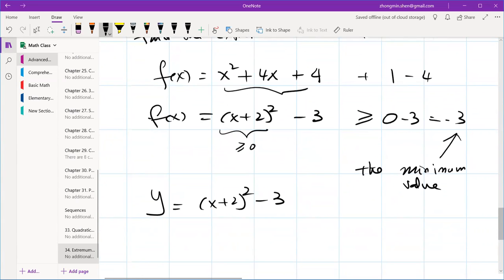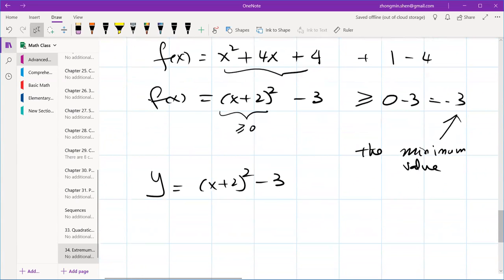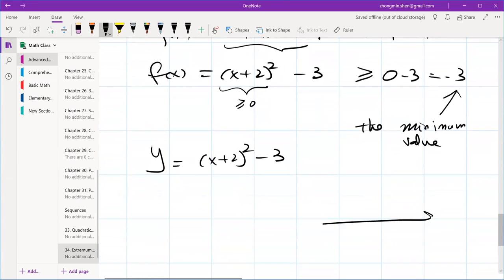Okay? So the graph of this equation, first of all, when x equals negative 2, you get 0, right? So when x equals negative 2, the y value reaches the minimum value, -3. So here's a point, (-2, -3).